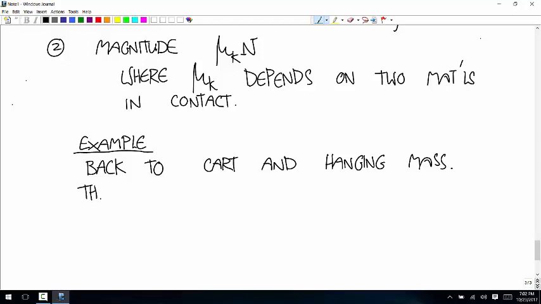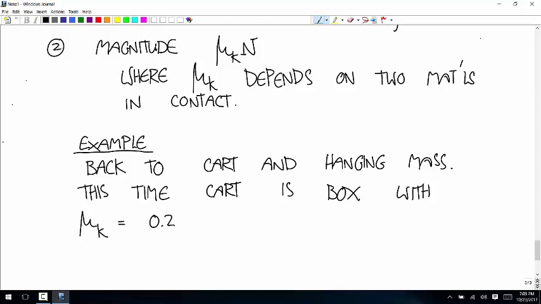But this time, the cart is a box with a coefficient of kinetic friction of 0.2.